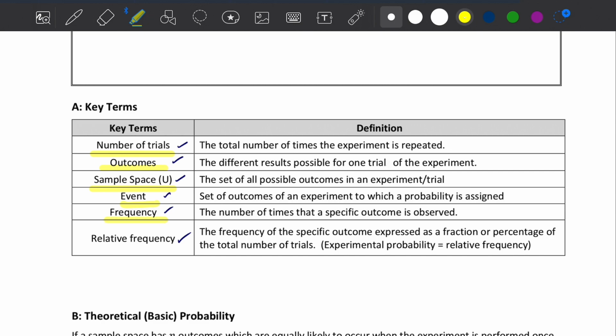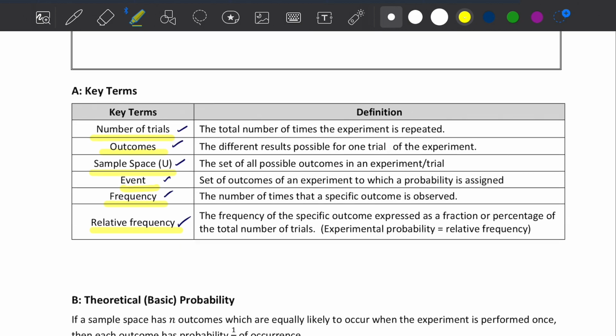And frequency means the number of times that a specific outcome is observed. And the relative frequency means the frequency of the specific outcome expressed as a fraction or percentage of the total number of trials. So experimental probability is the same as the relative frequency.